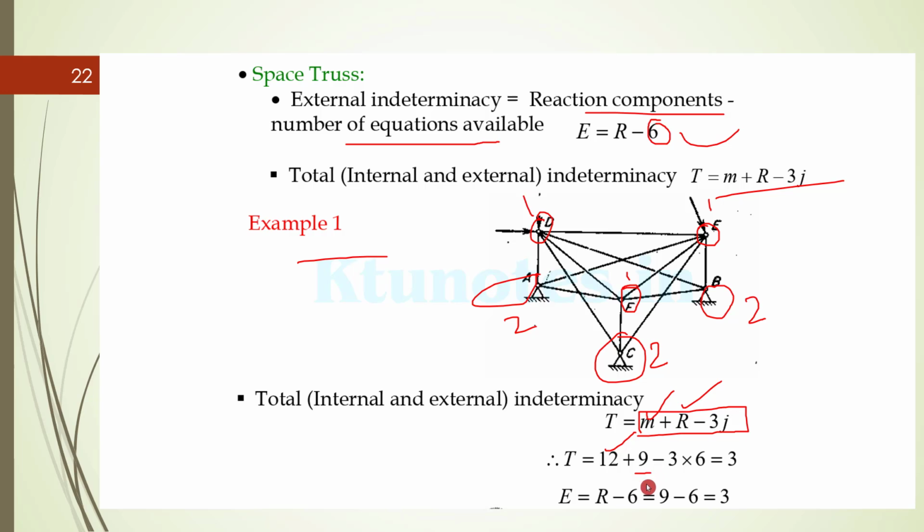So the value 9, and minus 3 into 6, J, the number of joints, will be 6, will give you the value of the E.